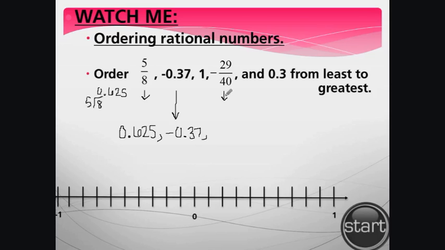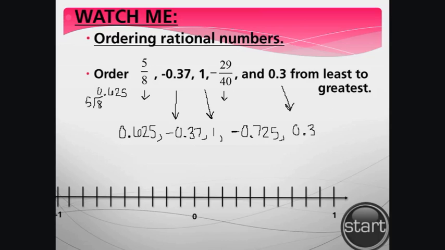I'm going to drop down my 1. When we divide 29 by 40, that equals negative 0.725. And then my last value is 0.3.